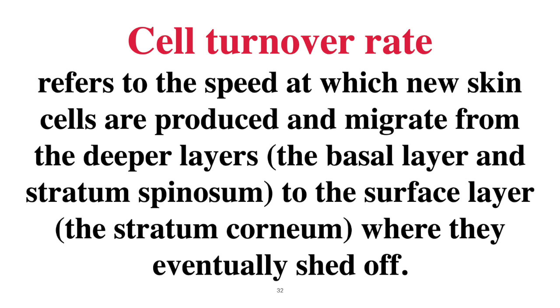Cell turnover rate refers to the speed at which new skin cells are produced and migrate from the deeper layers of the skin to the surface layer, like the stratum corneum, where they eventually shed off. Cell turnover rate.